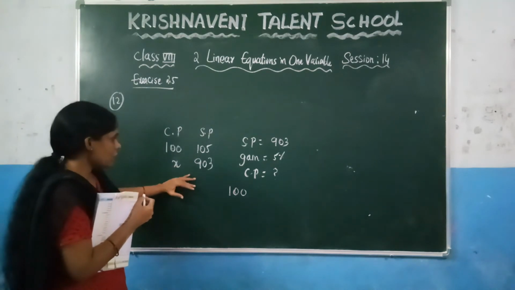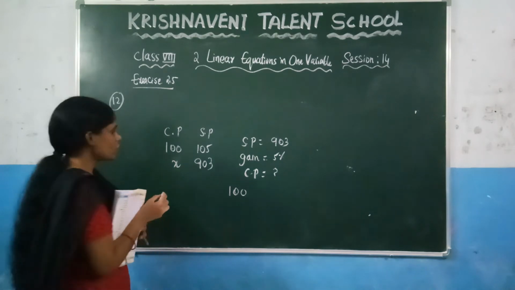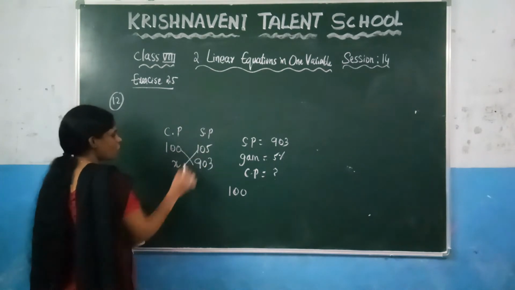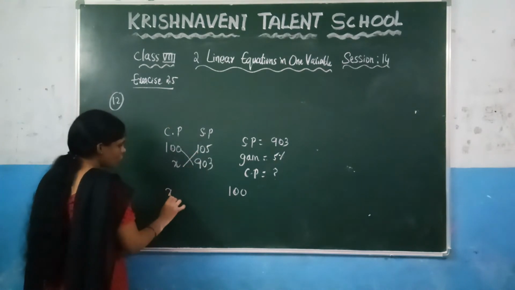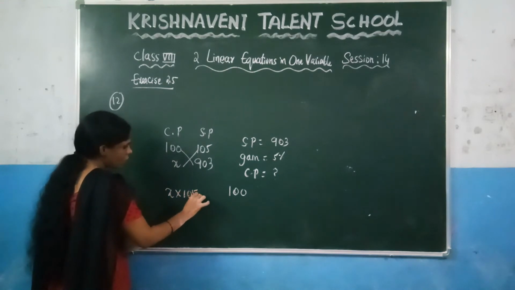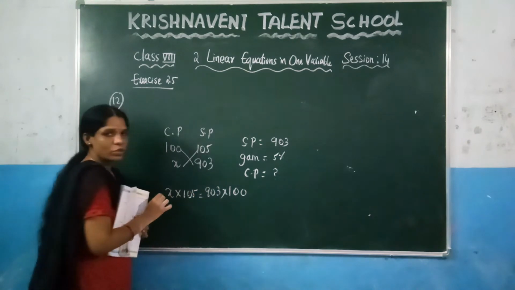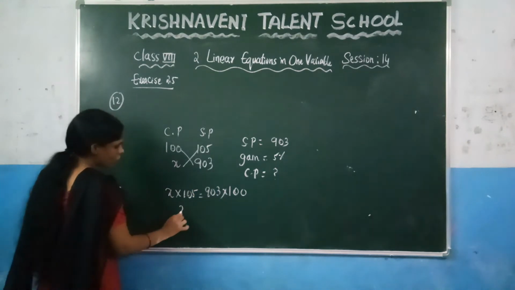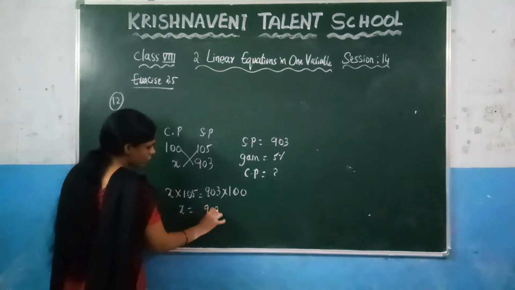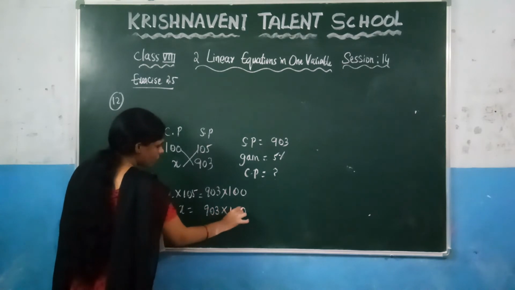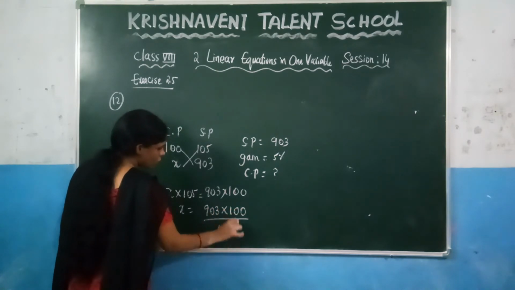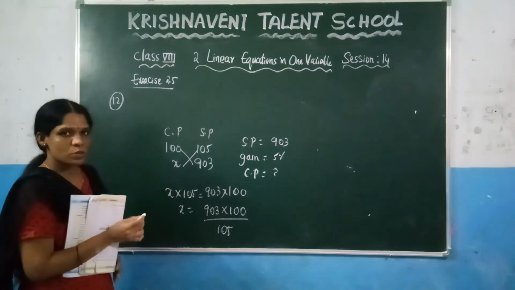If something like this happens, you just need to cross multiply these values. So you get X into 105 is equal to 903 into 100. Here you need to find the value of X, so take it as 903 into 100 by 105. If you do the calculation, you will get the cost price of the radio.